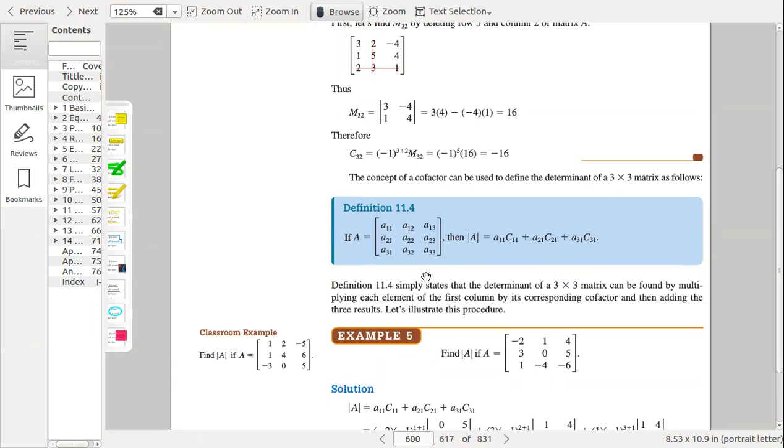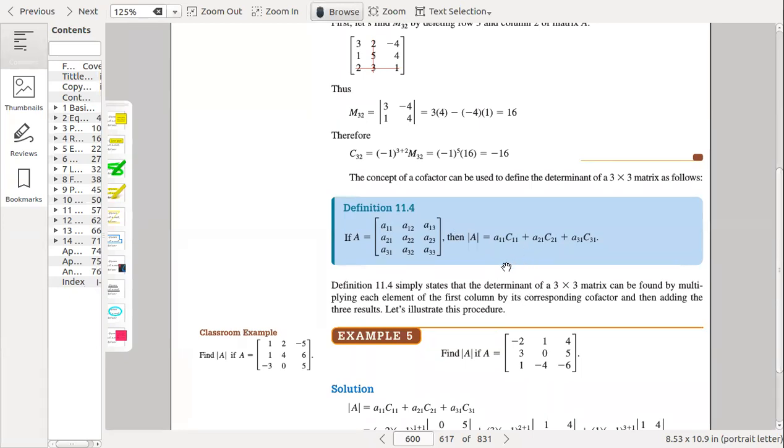So how can we find the determinant of a matrix of order 3 by 3? A11 times its cofactor, where the minor is A22 A33 minus A23 into A32, multiplied by minus 1 power 1 plus 1.